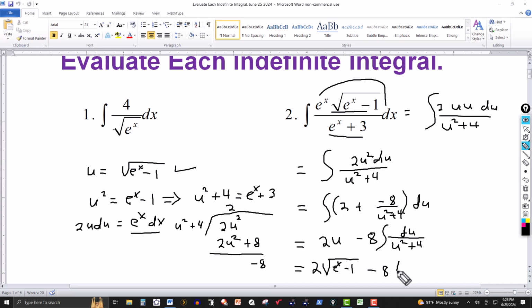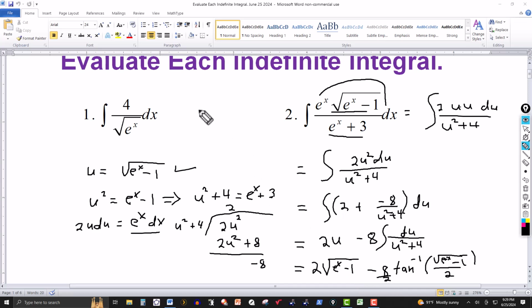So I'm just going to put tangent inverse of u. Again, in our case, u is the square root of e to the x minus 1. And that's over a. A in our case is 2, since 2 squared is 4. So this would be a 2 right here. And by the formula, the coefficient of that tangent also gets divided by 2, whatever a is.